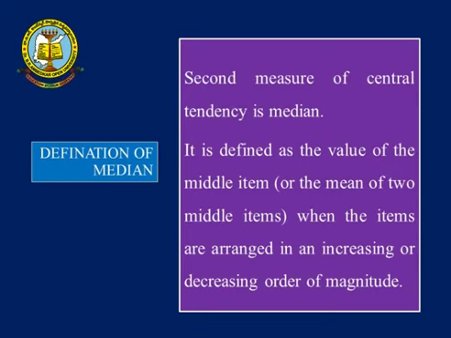It is defined as the value of the middle item, or the mean of the two middle items, when the items are arranged in ascending order or descending order of magnitude.